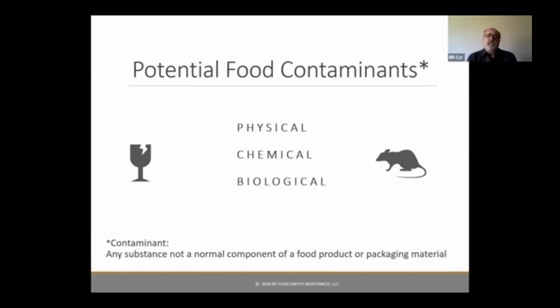And this is the starting point of identifying contaminants, how you can segment them, and how you can then begin the process of identifying and eliminating these potential food contaminants, and what's already established in the food industry as a means to help you identify potential contaminants in these three areas.